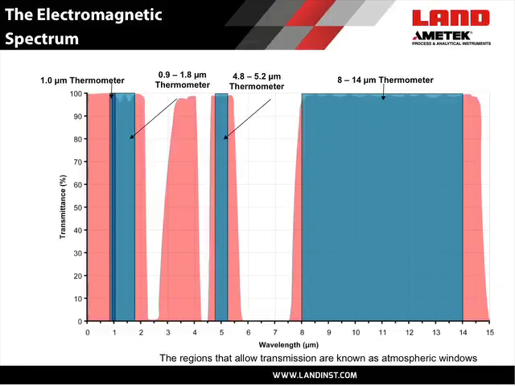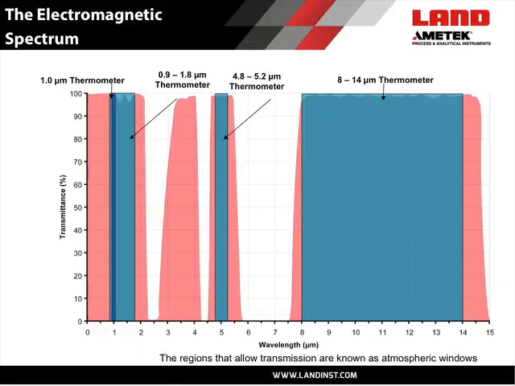In these regions, typically water vapor and carbon dioxide in the atmosphere absorb some of the infrared energy. The actual amount of absorption is dependent on the path length and the concentrations of those vapors. It's important that thermometers are not designed to operate at those wavelengths where there are atmospheric absorption bands.